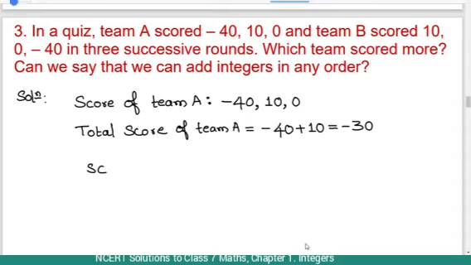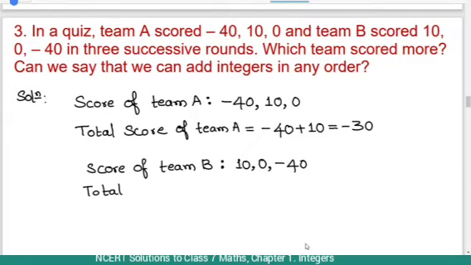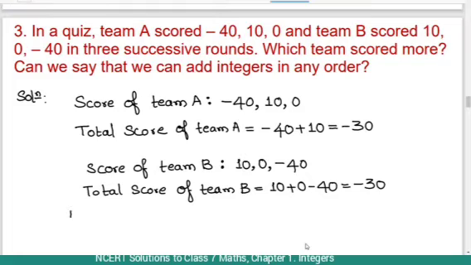Now score of team B. Score of team B is how much? 10, 0, -40. Now the total score of team B means you have to add all 3 numbers. 10 plus 0 minus 40, which is equal to -30.